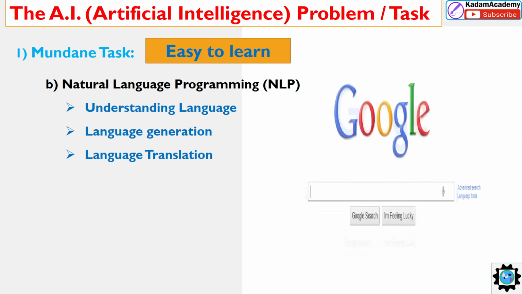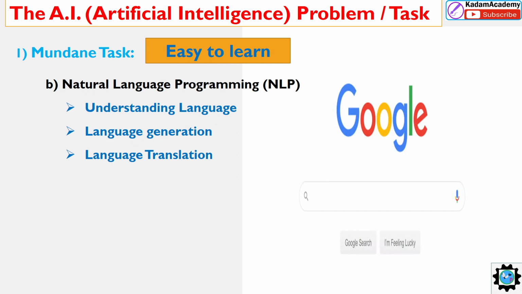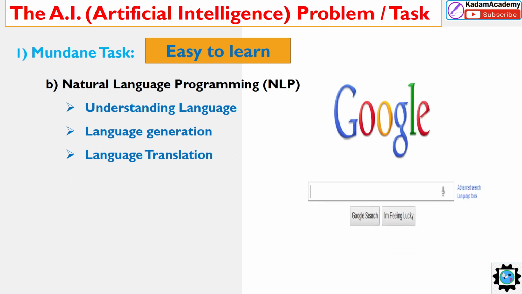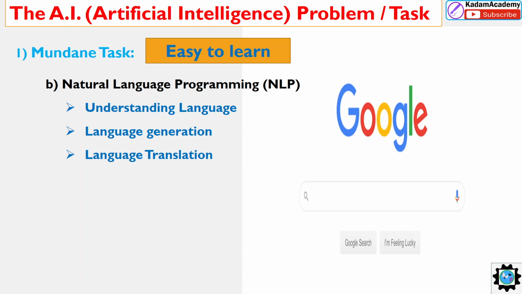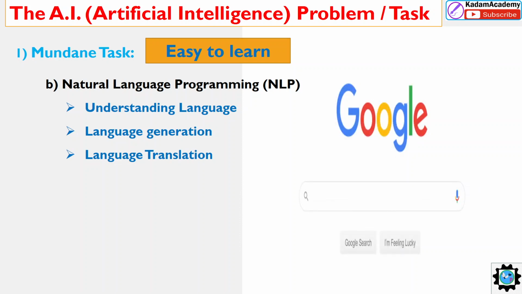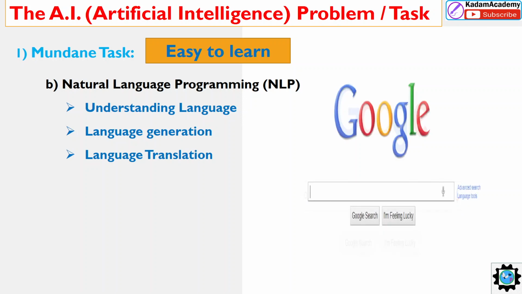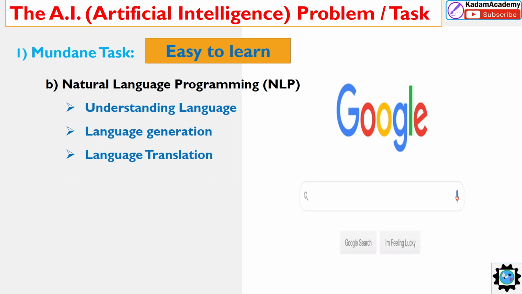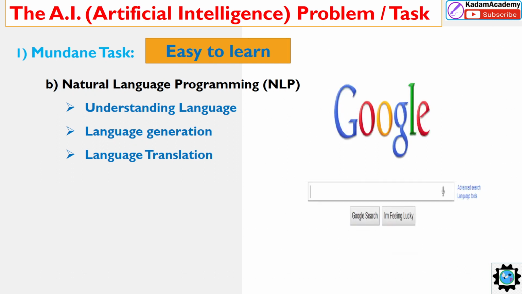Through this, we are trying to make computers capable of reading, understanding, and making sense of human languages. Nowadays various languages are available on Google by using these kinds of algorithms and coding. These are developed under AI.